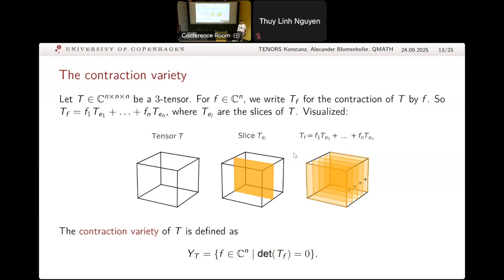Then it will be very similar to the variety of collineations that Mateusz knows very well. I think there's probably some connection, but I didn't think long enough about it. We are basically looking at the singular matrices in this span of matrices.